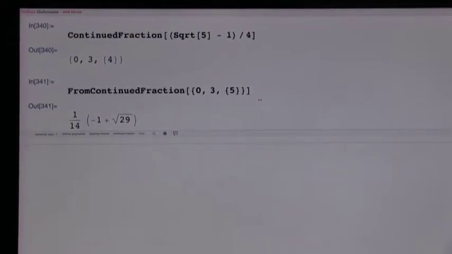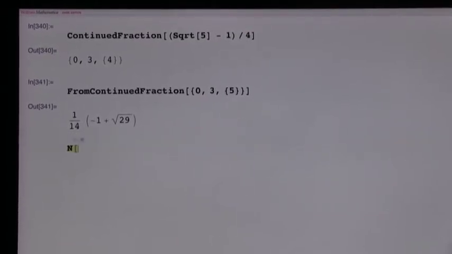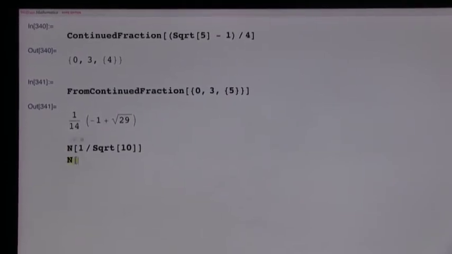And so if I do the numbers for these, can you make sure I'm still on camera here? For the first one, the cosine is 1 over square root of 10. For the second one, the cosine is square root of 5 minus 1 divided by 4. And for the third one, the cosine is negative 1 plus square root of 29 divided by 14.